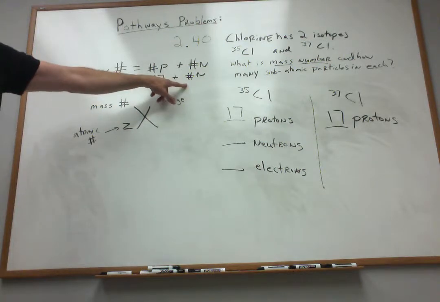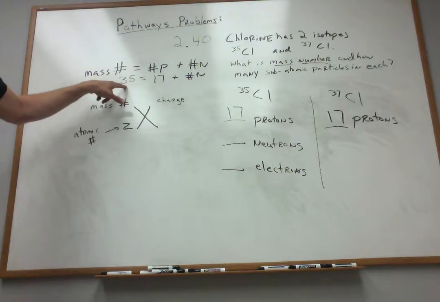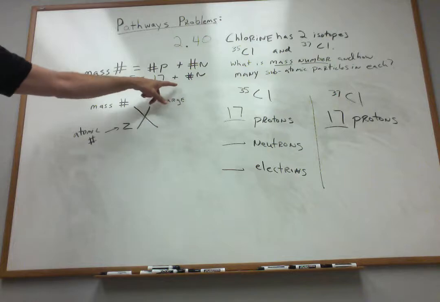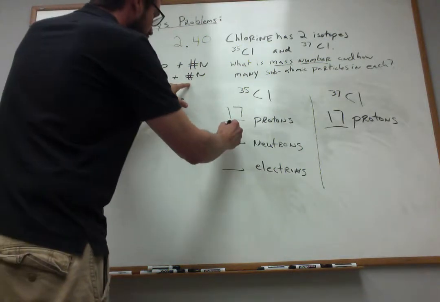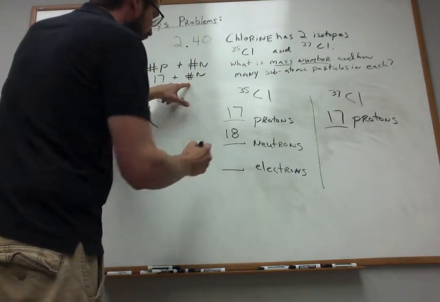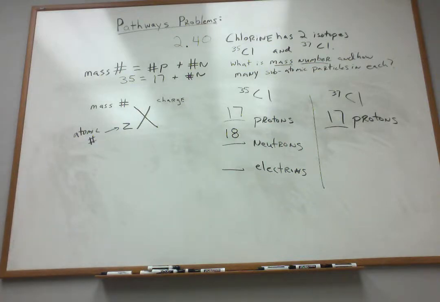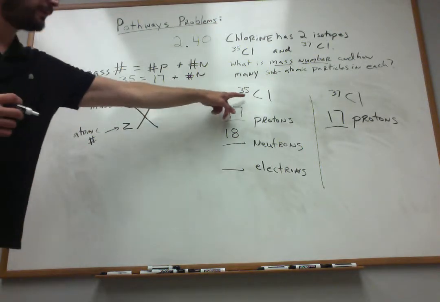It's almost like having algebraic variable x here. x plus 17 has to equal 35, because that's the definition of mass number. So it doesn't take very long to figure out that there must be 18 neutrons in that nucleus. So 17 protons, 18 neutrons, that makes 35. That gives me my mass number of 35 while allowing my atom to be chlorine.